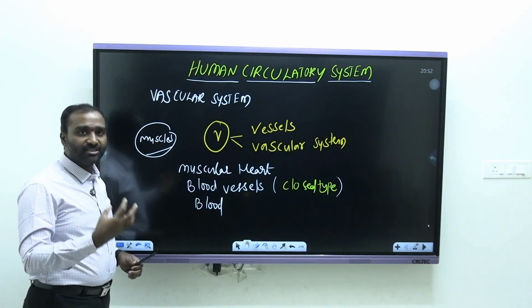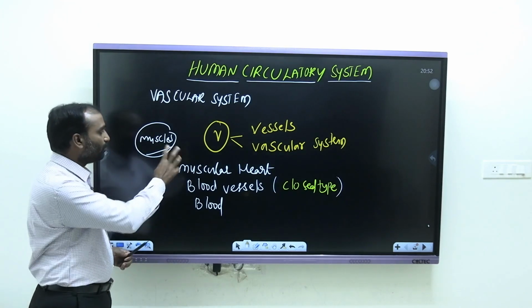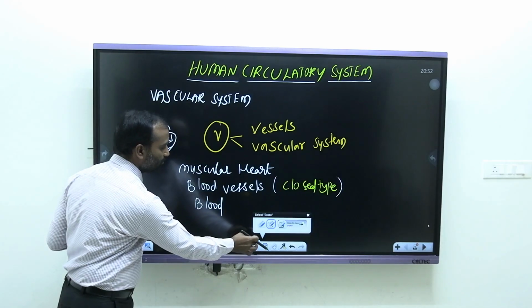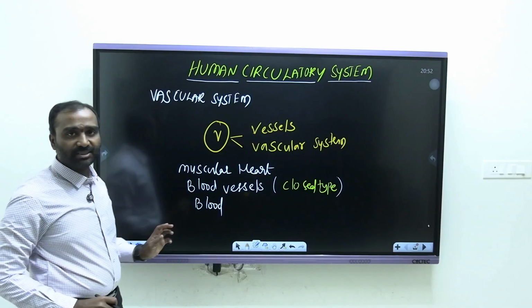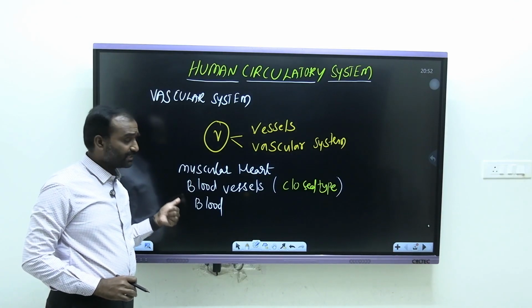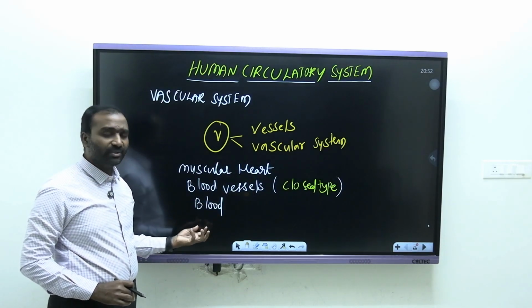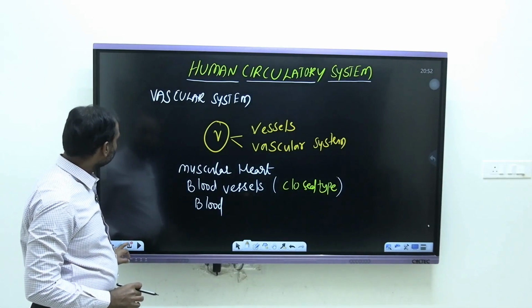So the entire heart is made up of muscles. Hence it is called a muscular heart. And the closed type of circulatory system includes the heart along with the blood vessels. Then apart from that, obviously blood is present.